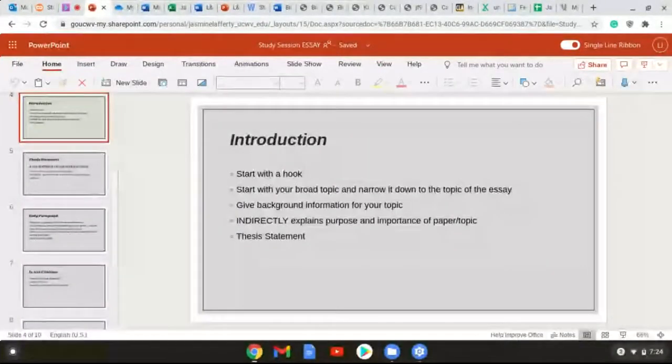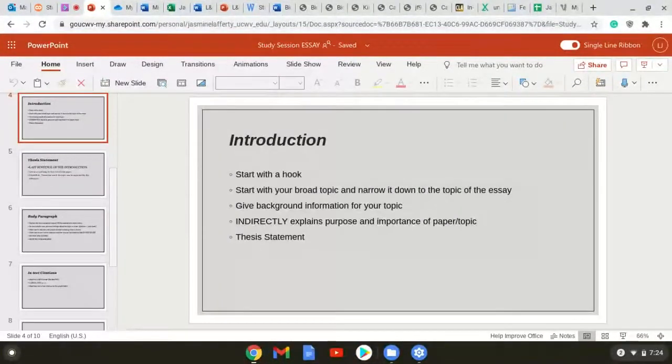So this is where you will give general, broad background information on your topic. Okay, this next one is so important, you guys. Indirectly explain the purpose and importance of your paper or topic in general.